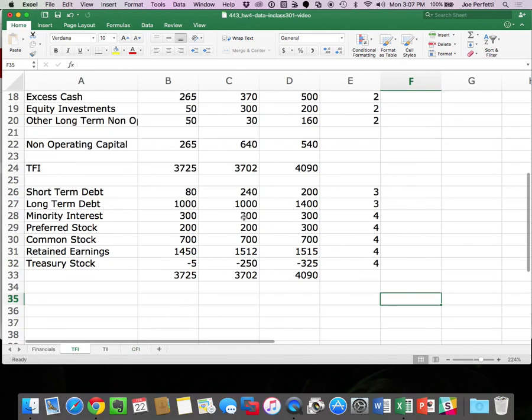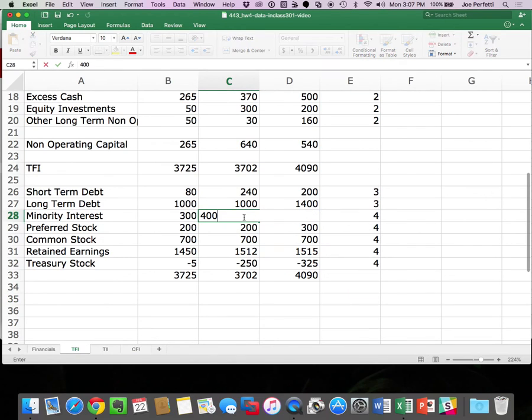So my minority interest goes from 300 to 400. Should that be a positive or negative impact on the CFI? All right, if it's a positive aspect in the CFI, that means that I have less minority interest, just like I'd have less debt because I actually paid it off. So it's got to be negative.